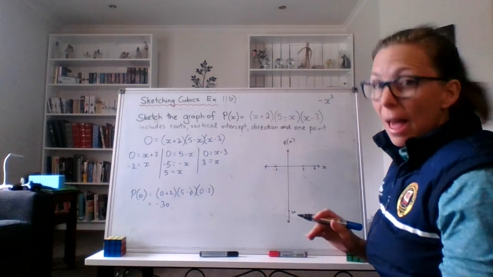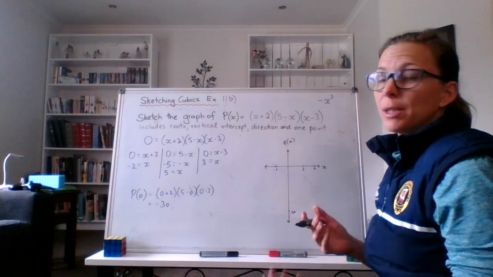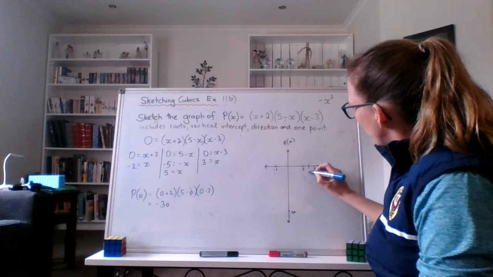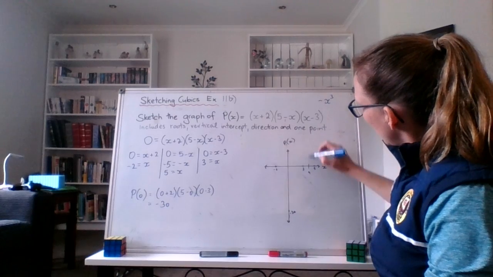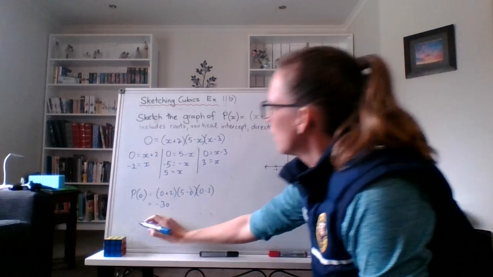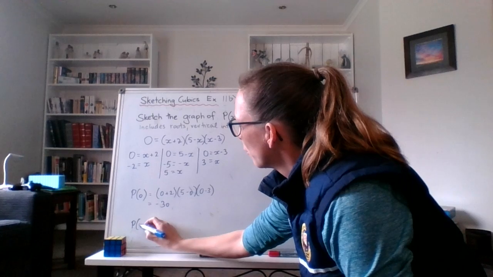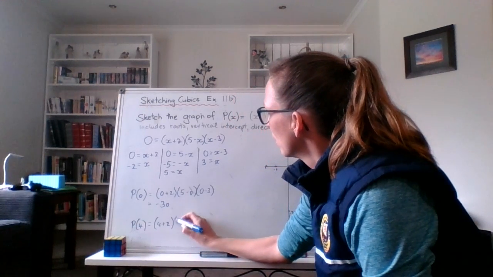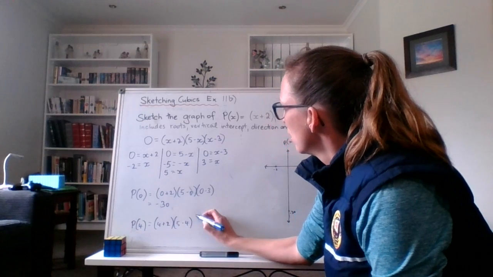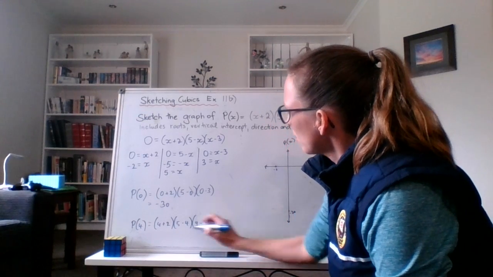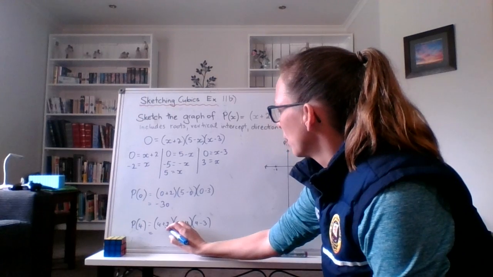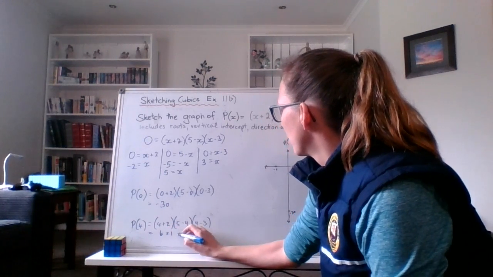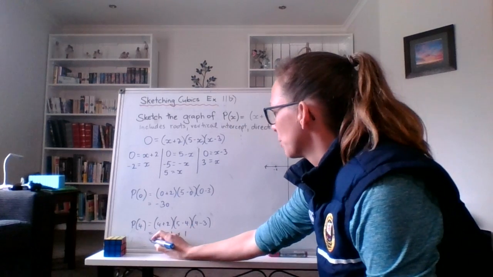Another way you could do it is to substitute a point. So perhaps I want to know when x equals 4, do I have a point up here or down here? All I do is substitute 4 into my polynomial. So (4 + 2)(5 − 4)(4 − 3) equals 6 times 1 times 1, which equals 6.